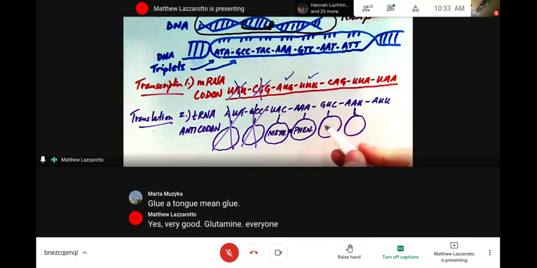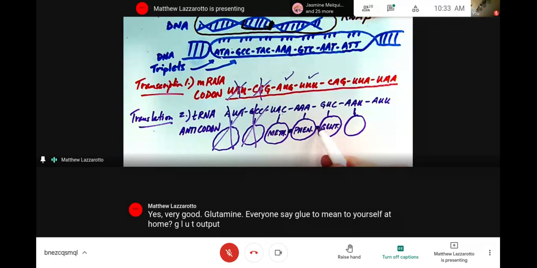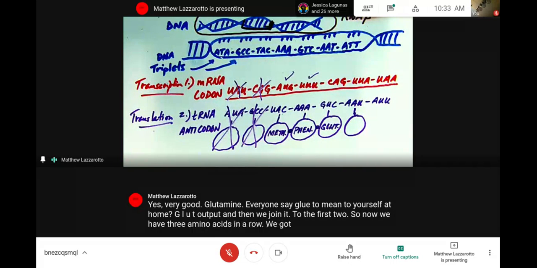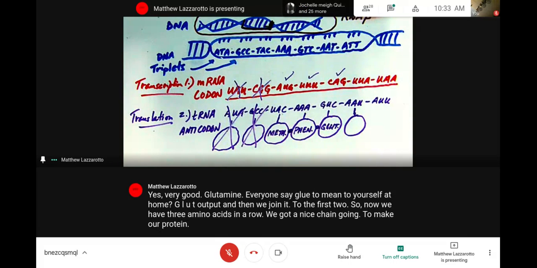Everyone say glutamine to yourself at home. I'll put GLUT, and then we join it to the first two. So now we have 3 amino acids in a row. We got a nice chain going to make our protein. What's the next one? Let me see. Victor Garcia.